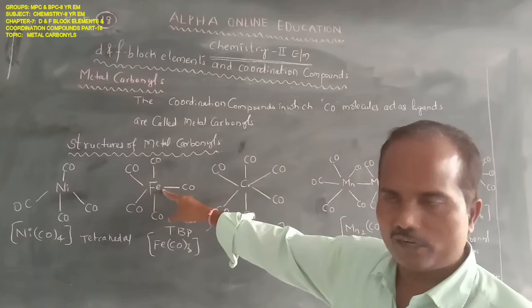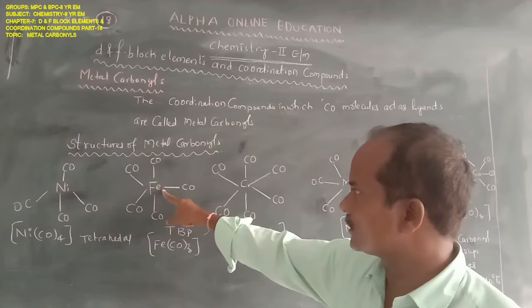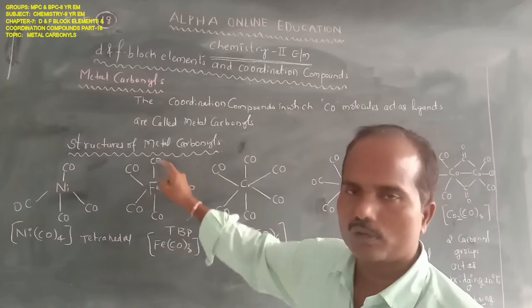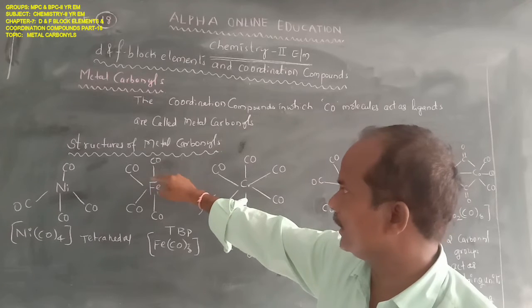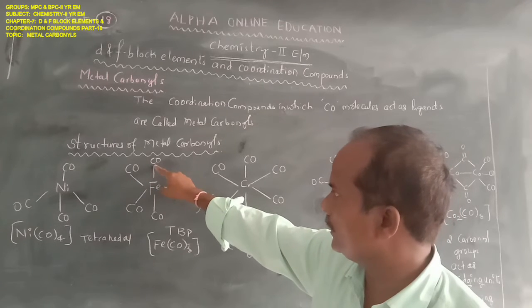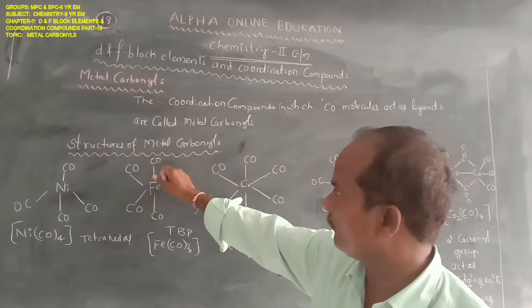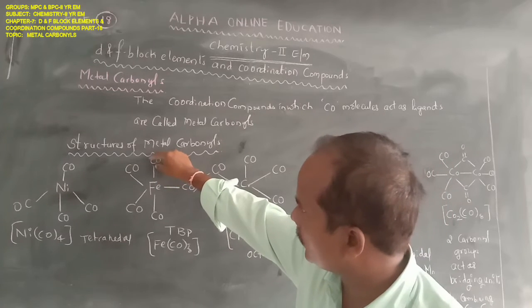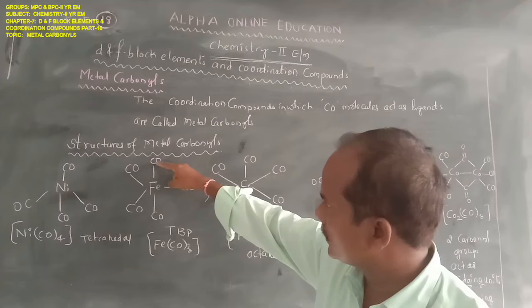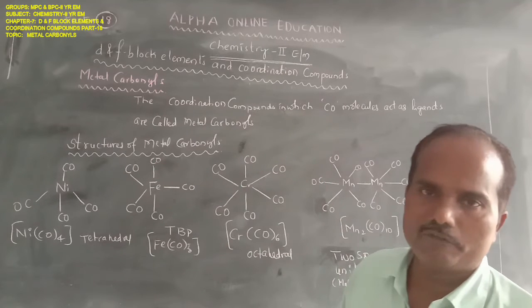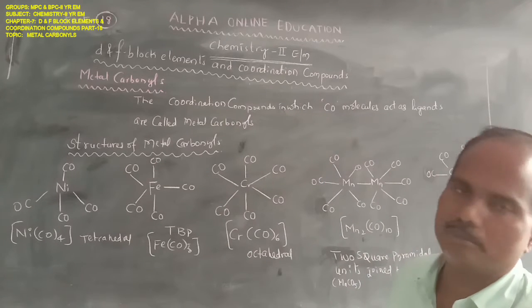These vacant d orbitals of the metal atoms overlap with the carbon monoxide lone pair of electrons on carbon, so these electrons are donated to the vacant orbital of the metal atom.